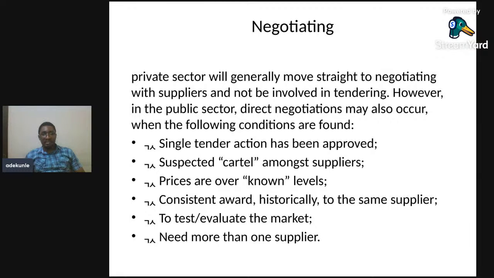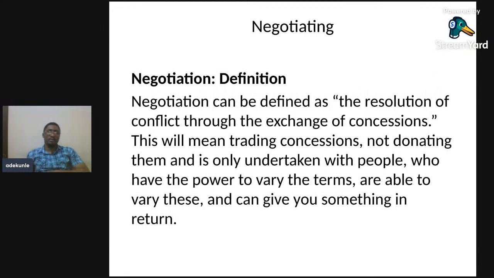Sometimes you do it to test or evaluate the market, and sometimes they need to get more than one supplier. So you can go into direct negotiation with somebody that is existing, of course, sometimes with a monopoly.